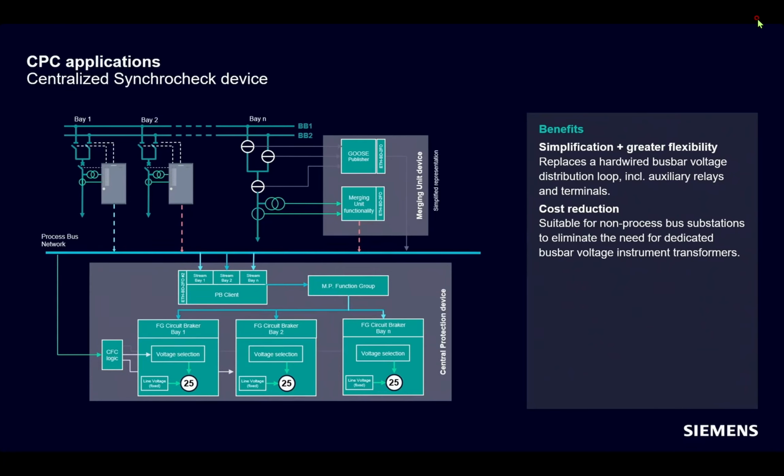That means there's no need for extra relays, terminals, or long wiring between cabinets to do the selection. Less hardware, less complexity. It also helps with cost reduction in substations without a process bus. We can remove the need for separate voltage transformers just for the busbar. This saves money and space.